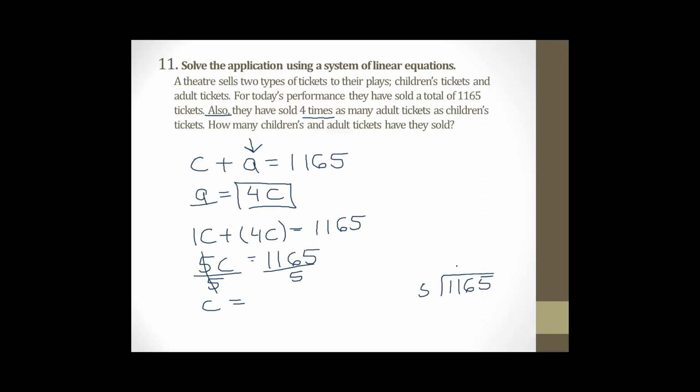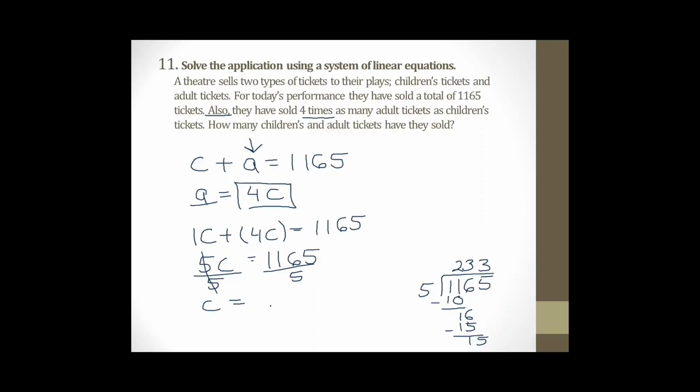So 5 goes into 11 2 times, which is 10. Subtract, 1 left, bring down the next one. 16, 5 goes in 3 times, 3 times 5 is 15. Subtract, 1 left, next one down is 15, and 5 goes into 15 3 times.